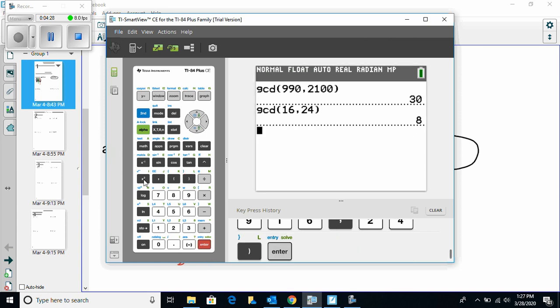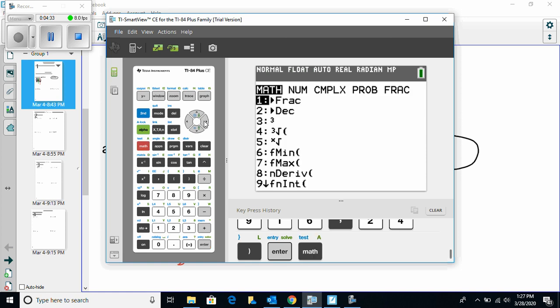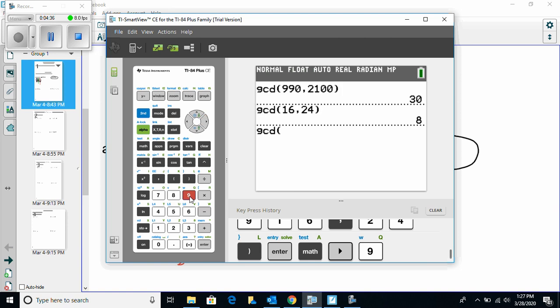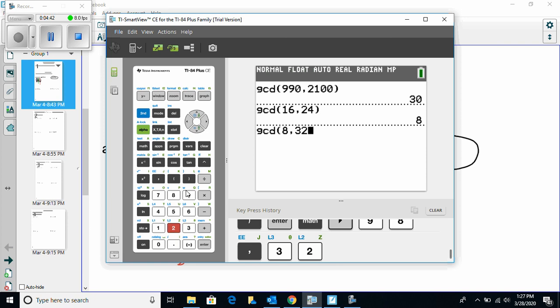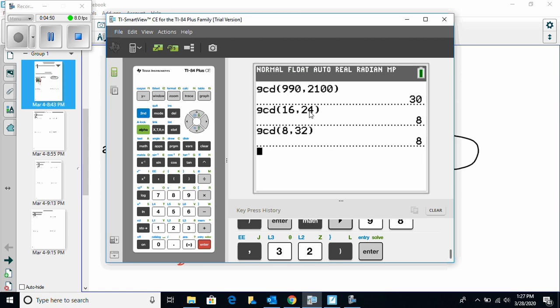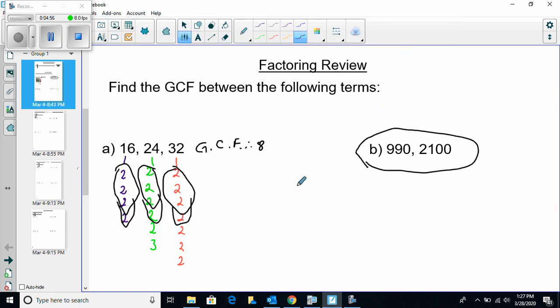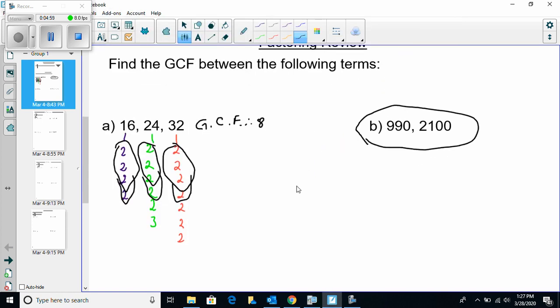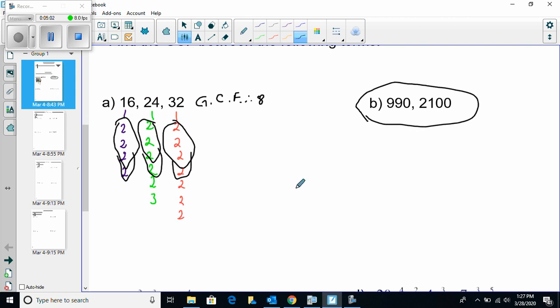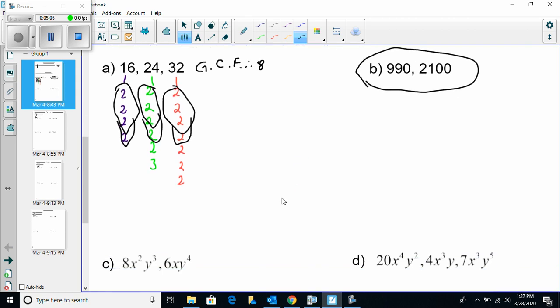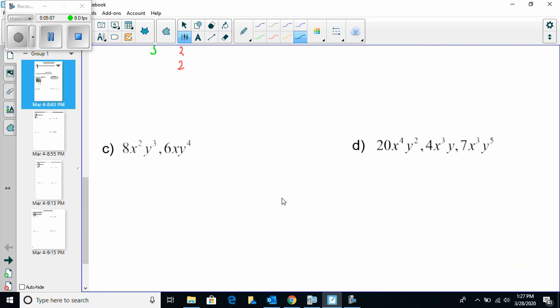So you have number 8, and then we'll take this number and again math, numbers, option 9, so it will be 8, comma, and 32, close brackets, enter, and then the greatest common factor between those 3 numbers, 16, 24, and 32, is 8. So this is how you may figure out the greatest common factor between 2 numbers or more numbers if you are having difficulties or if you are checking your work.